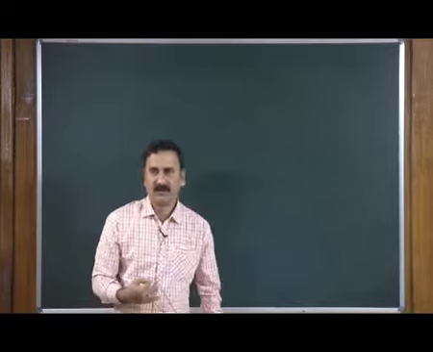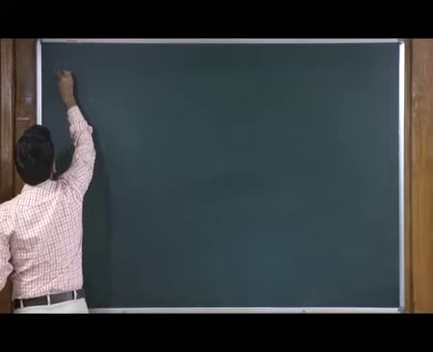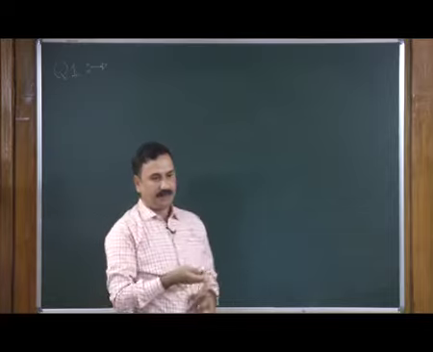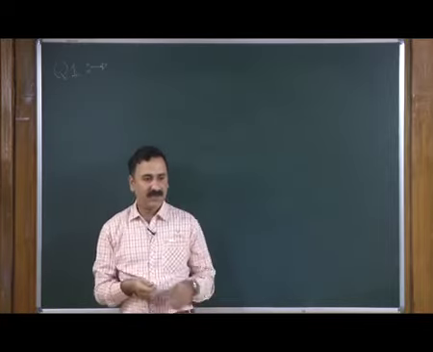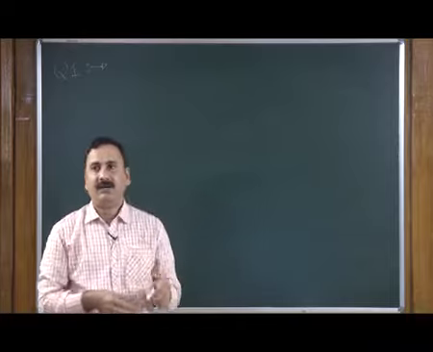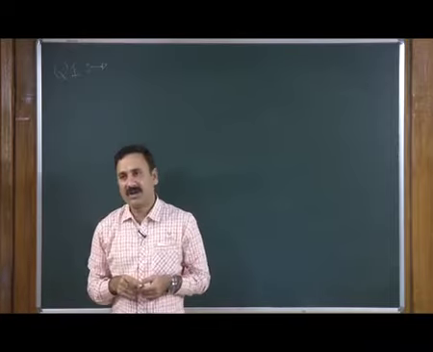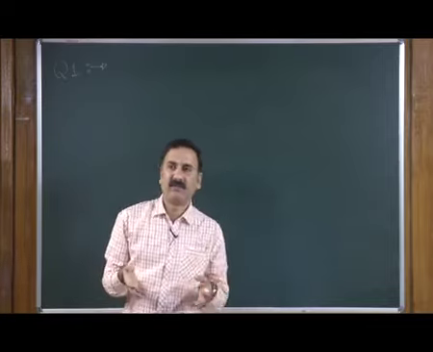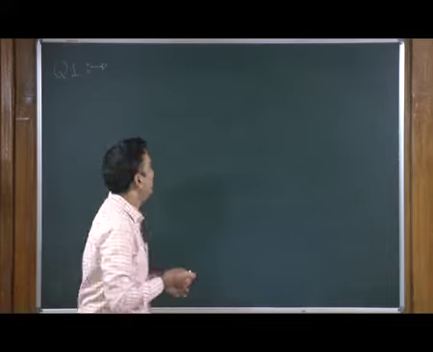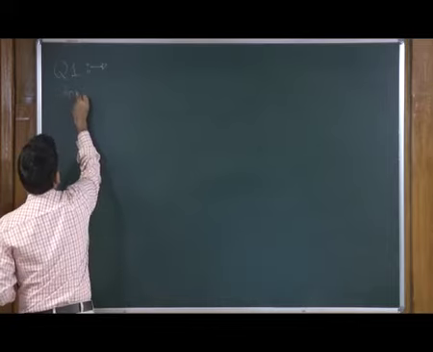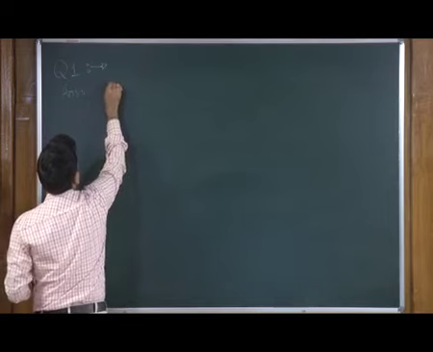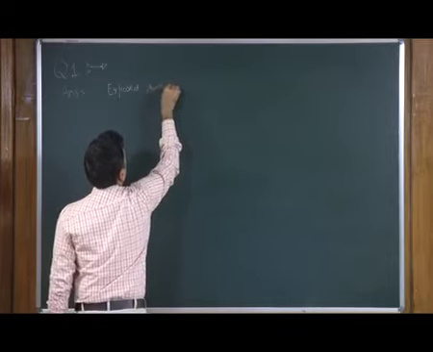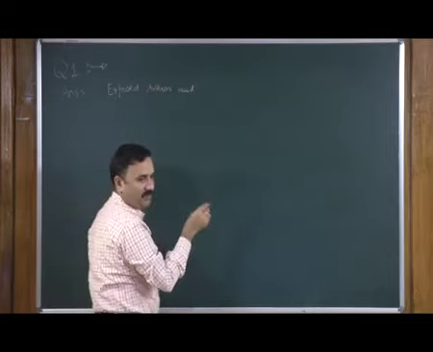Let us see what these questions are. Question 1: what is a chasmogamous flower? The chasmogamous flowers are the normal flowers found in the environment, which have exposed anther and stigma.